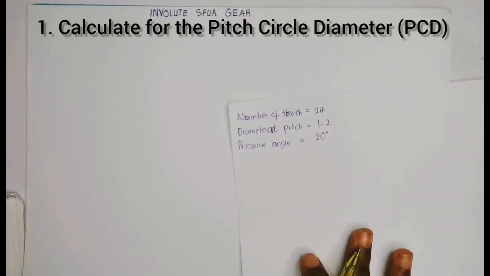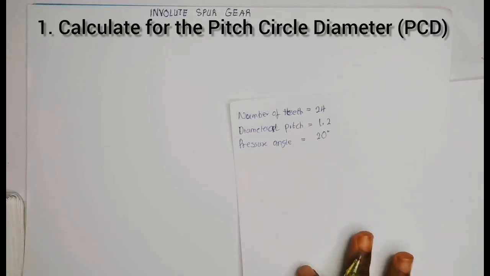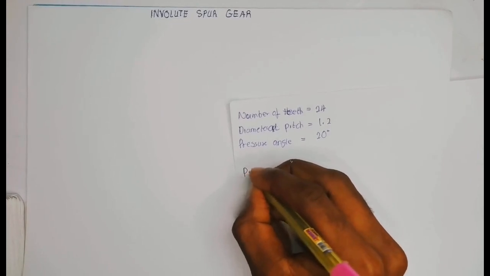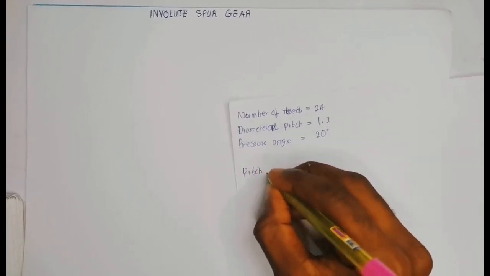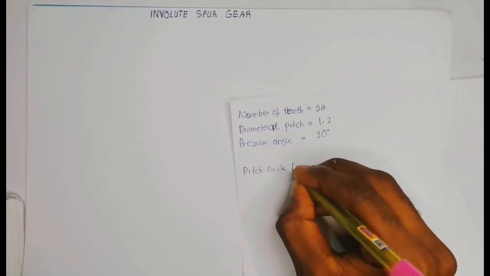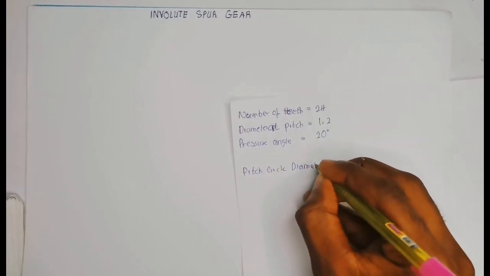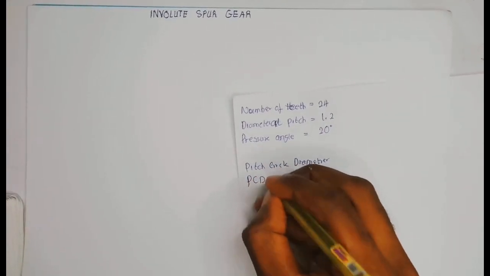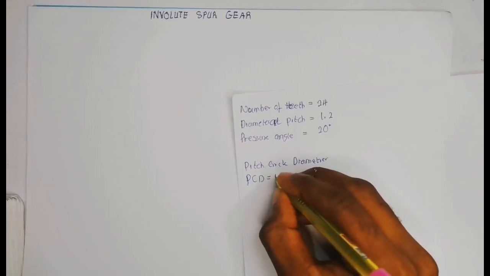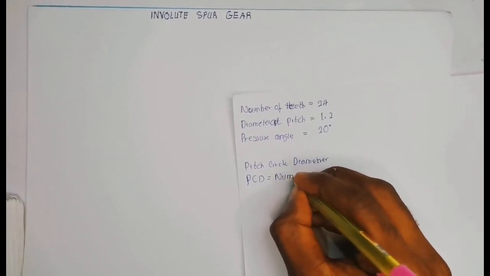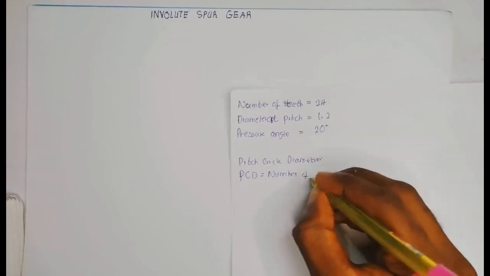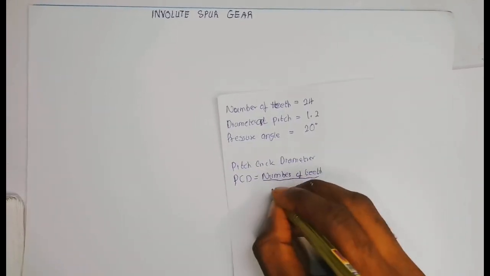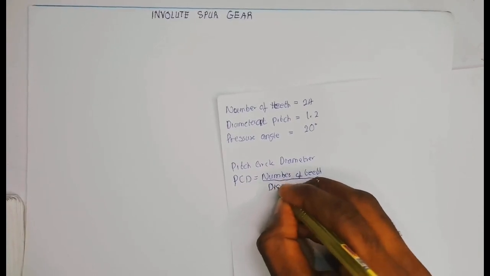So first of all, we'll calculate for our pitch circle diameter, which is the PCD. The formula is number of teeth over diametral pitch.